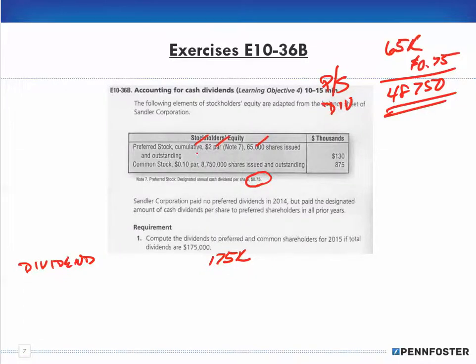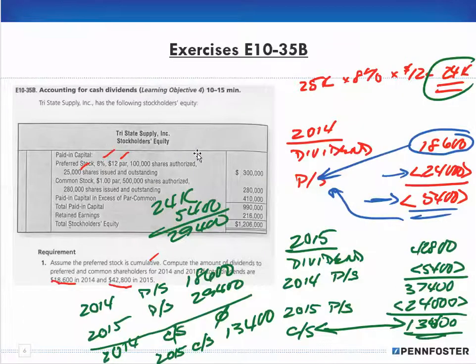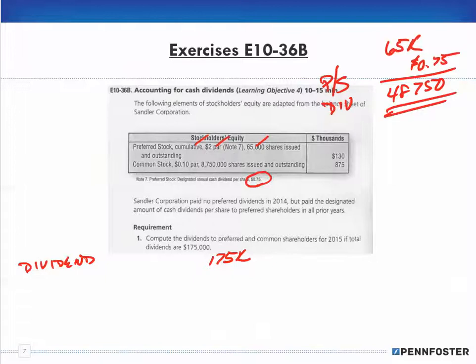Let me jump up to the other exercise. Notice that it said preferred stock 8% here. That is what the preferred is getting as far as dividends is concerned. But down in this problem, notice that it says here's the par, but it didn't say 8%. It says note 7.